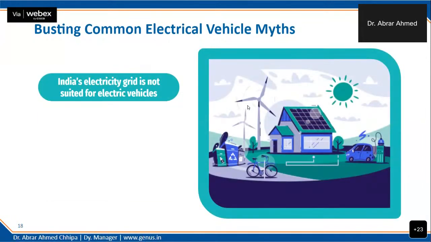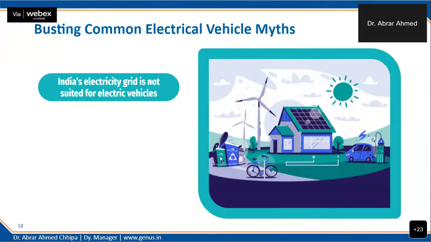Next is the claim that India's electricity grid is not suitable for electric vehicles. India has committed to having approximately 450 gigawatts of renewable energy by 2030, and the current weighted average emission factor of the national grid has been nearly constant over the past few years at 0.82 tonnes of CO2 per megawatt hour.